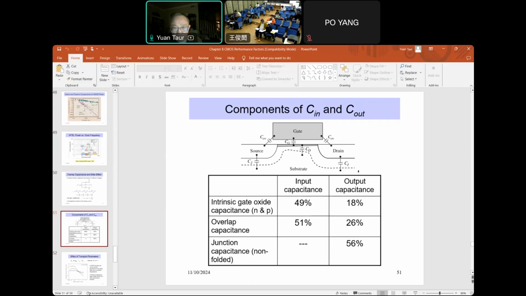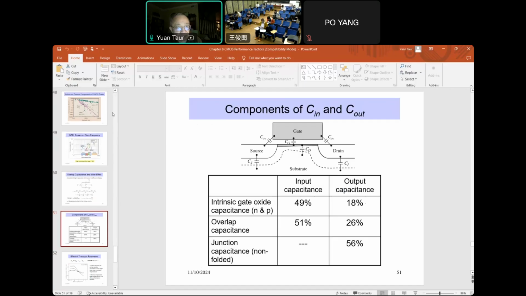The rest is from the overlap, and also a little bit of intrinsic gate capacitance on the drain side. But you can see that most of the capacitance actually comes from overlap. Consider the input and output capacitance combined.